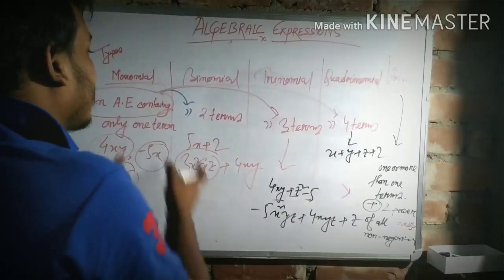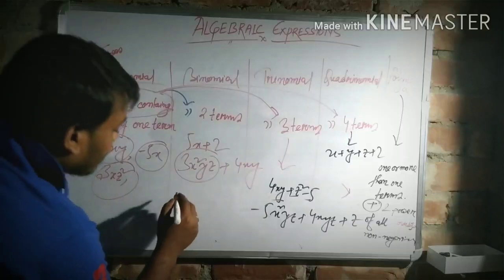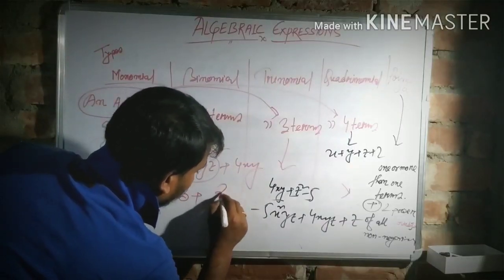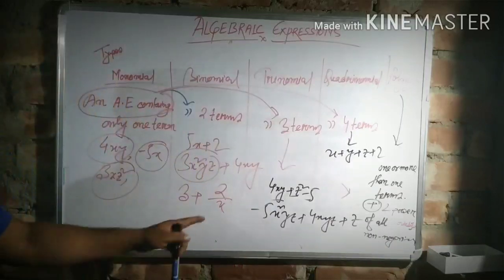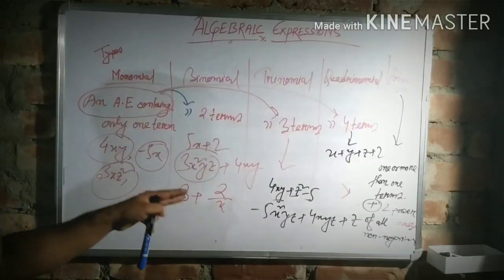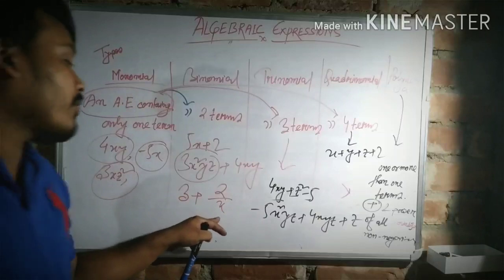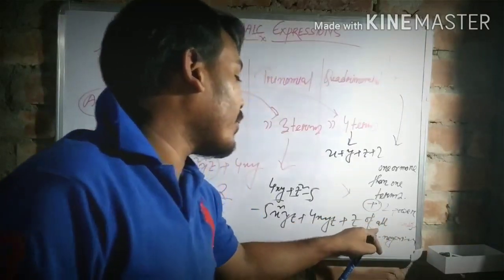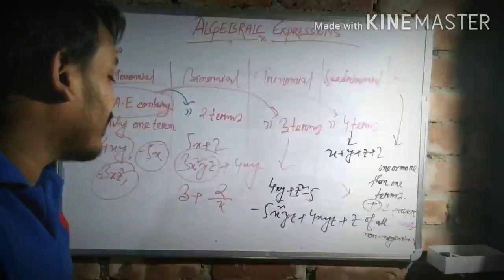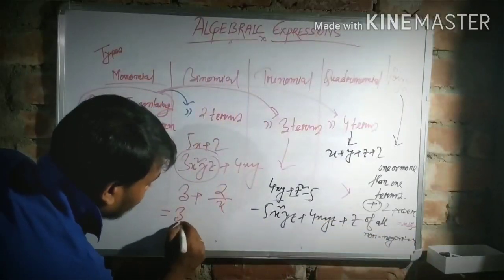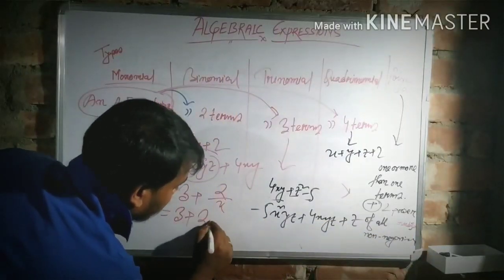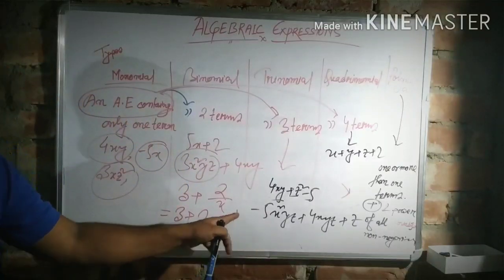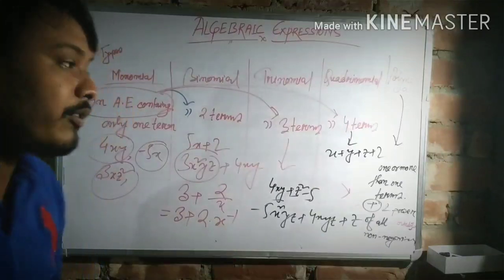But in the case of an algebraic expression, we can have something like 2 by x. So we can say that it is an algebraic expression, but we cannot say it is a polynomial, because in a polynomial the power of all variables is non-negative. What is the power here? x to the power minus 1. So the power of x is minus 1. So it is not a polynomial.